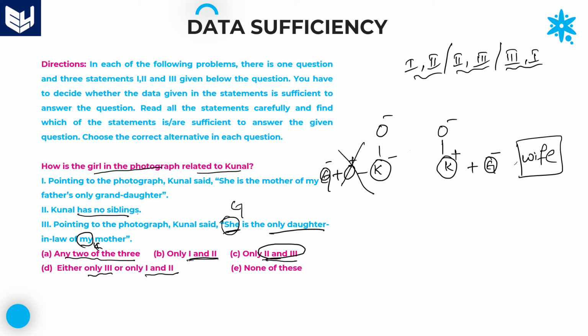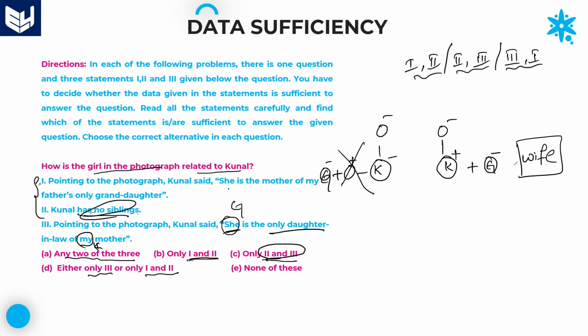Whereas coming to only 3, you will not get the exact answer. Now I will combine 1 and 2. The second one is simple, that is no siblings for Kunal.